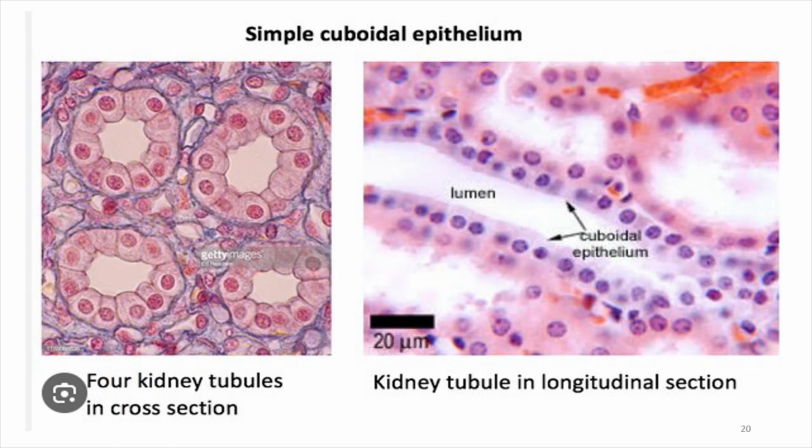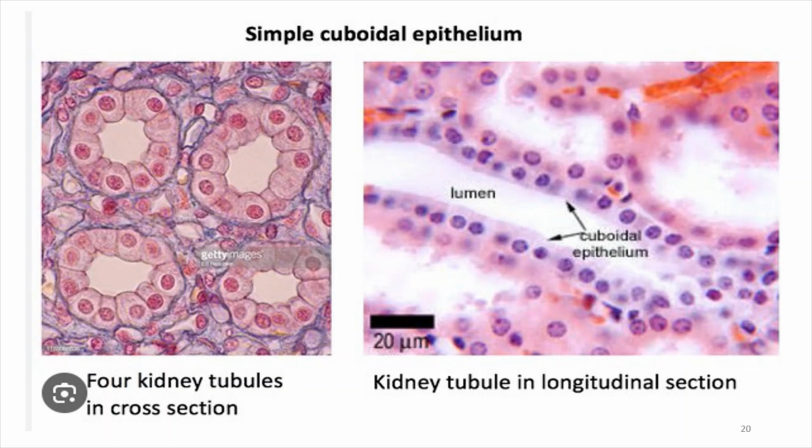The other one on the right is a longitudinal section. As you can see, it's longer than it is high. So these that you see here are cuboidal cells. This is a nucleus, nucleus, nucleus, nucleus. How do you know that this is simple cuboidal epithelium?